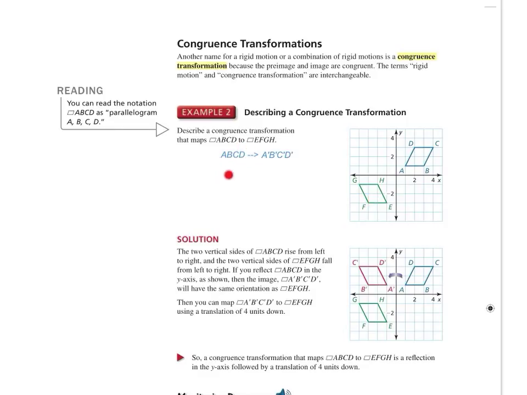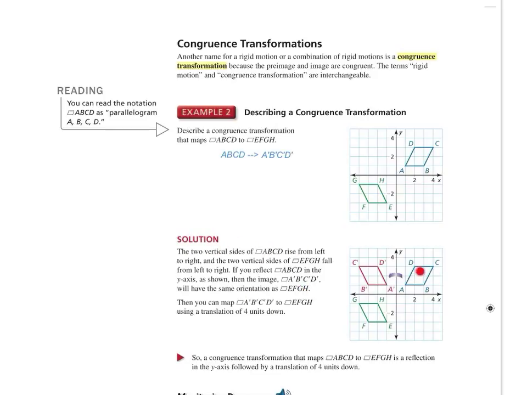In the previous sections, we would name parallelogram ABCD mapping onto A prime, B prime, C prime, D prime, which is still okay, but you may also just have a completely new name for the image of a pre-image. And we can see the explanation completely here in this section where we see solution.